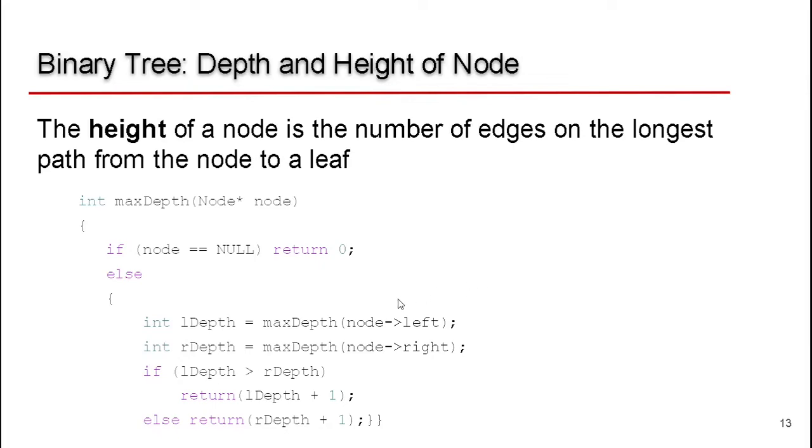It says there is an initial left depth and right depth, and we have an if condition: if left depth is bigger than right, then we add the 1 because of the loops. But if right is bigger than left, then the result will be right plus 1 because of the loops.